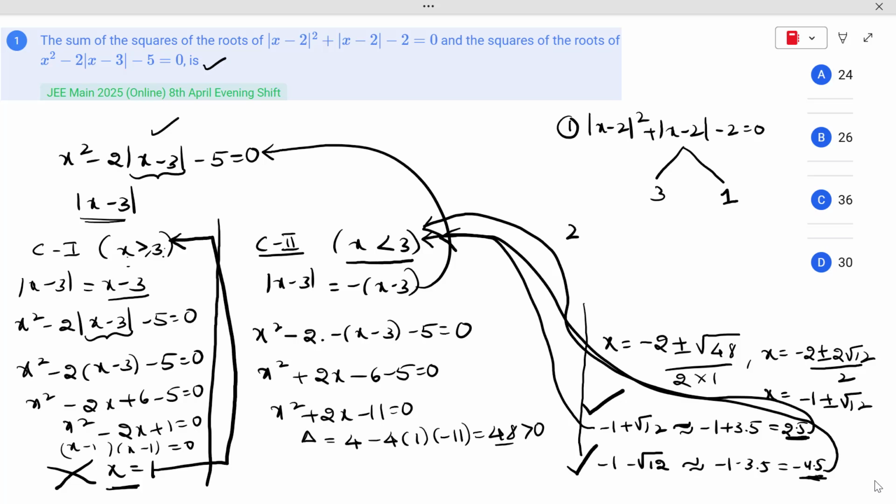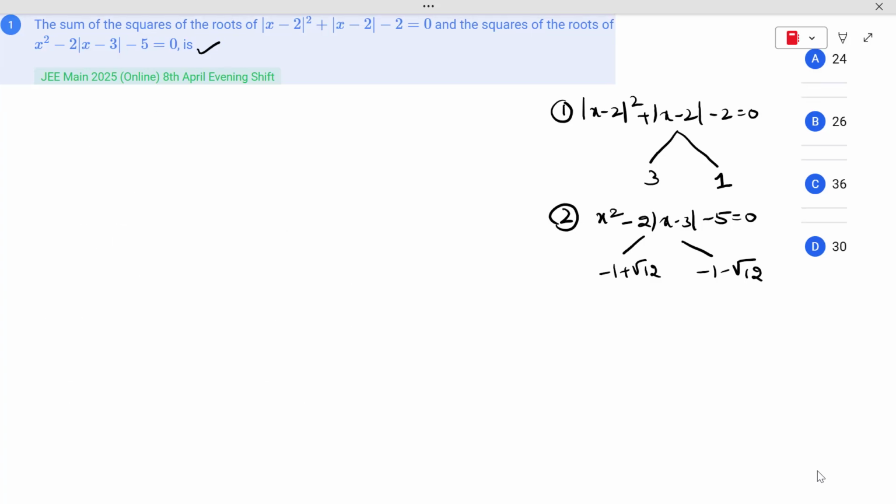So for the second equation, that is x square minus 2 times mod x minus 3 minus 5 is equal to 0, what are the roots I got? First root is minus 1 plus root 12. Second root is minus 1 minus root 12. Now what is the question?